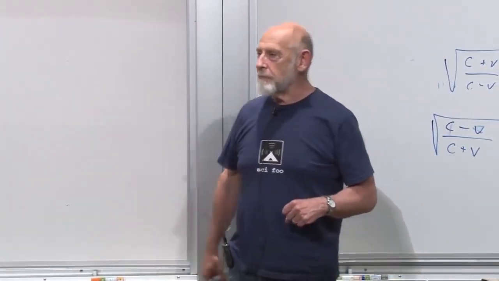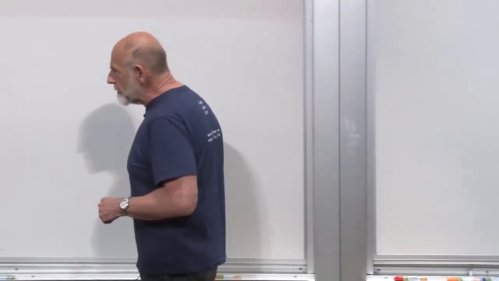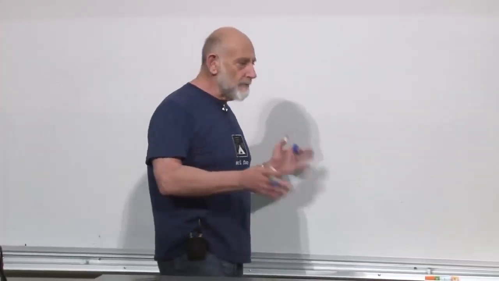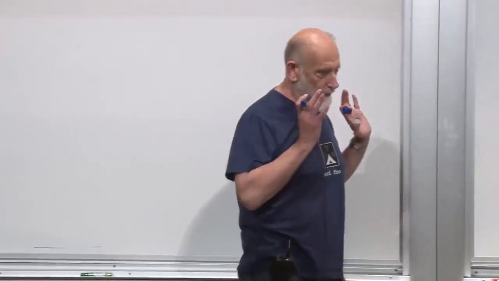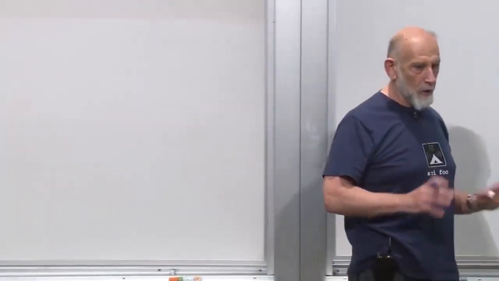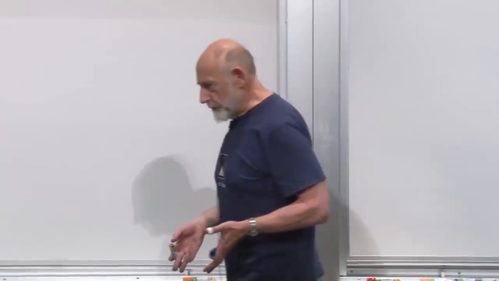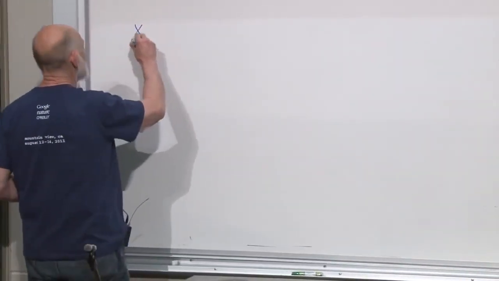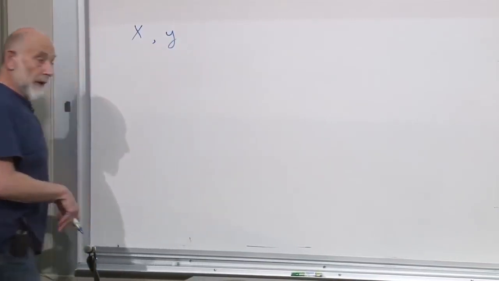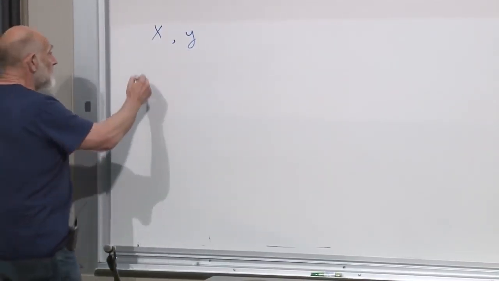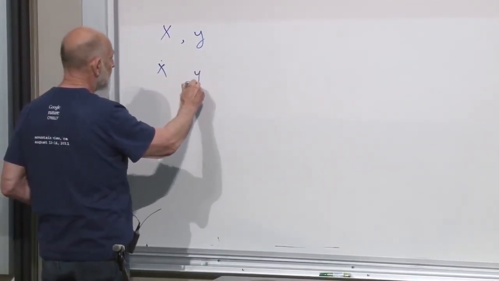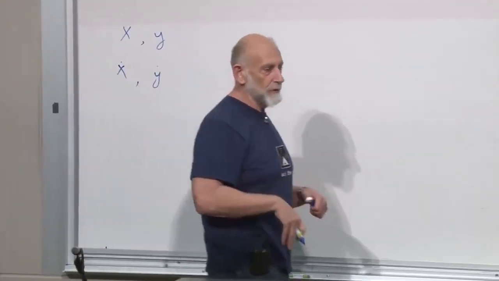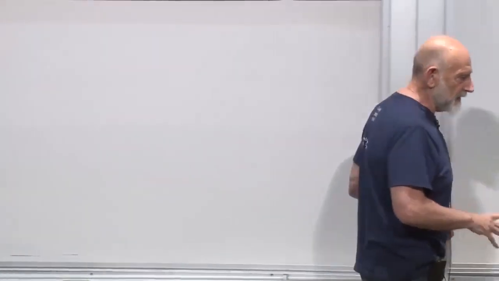So a simple example of it is to suppose that you had two coordinates. Now, you could have any number of coordinates, but let's just suppose for the moment two coordinates and an action principle. So let's call the coordinates x and y. And the Lagrangian is going to depend on x and y and x dot and y dot. X and y do not have to stand for the Cartesian coordinates of anything.